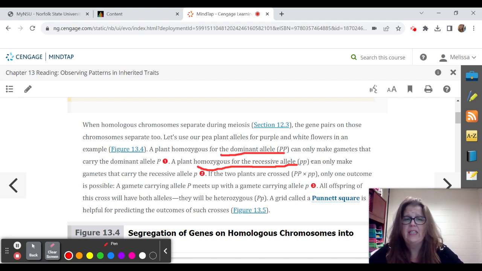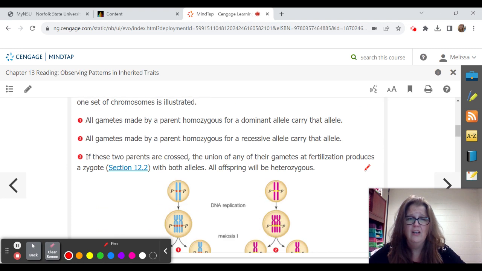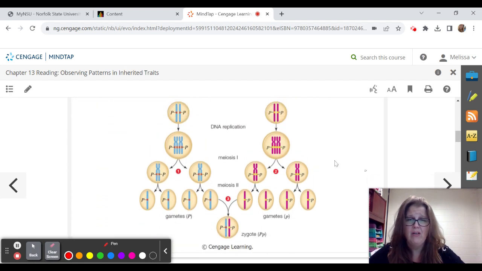And let's look at that in a little more detail with the picture. I like this picture a little bit here. P is not the best letter for this in this case. So this is our homozygous dominant.